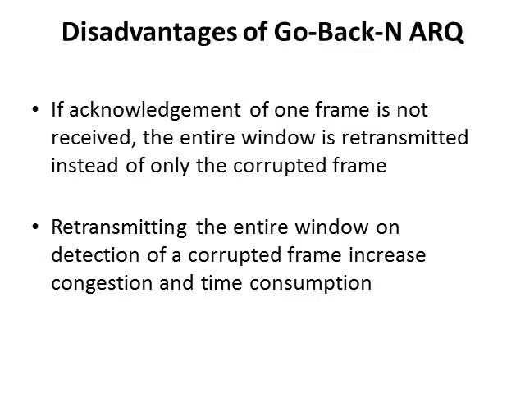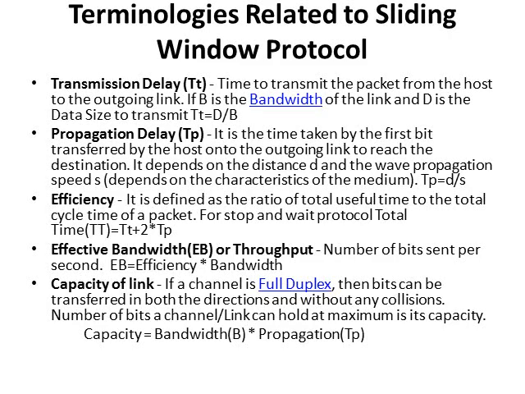Disadvantage: if the acknowledgement of one frame is not received, the entire window is retransmitted instead of only the corrupted frame. Retransmitting the entire window on detection of a corrupted frame increases congestion and time consumption.